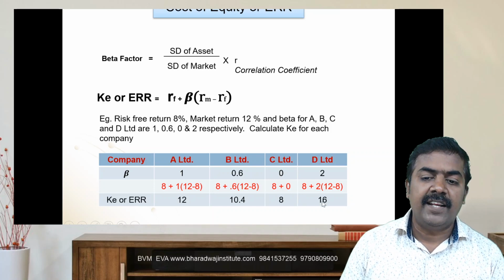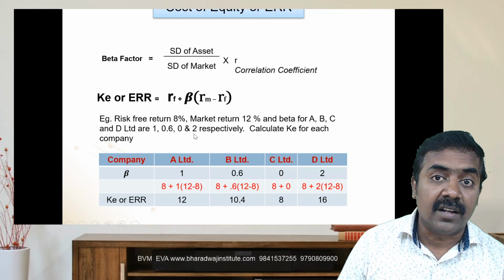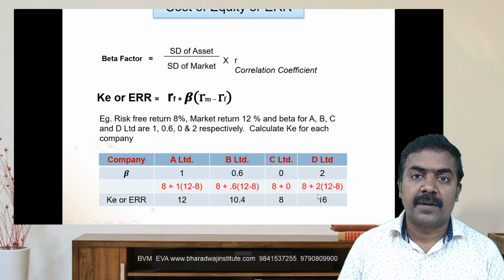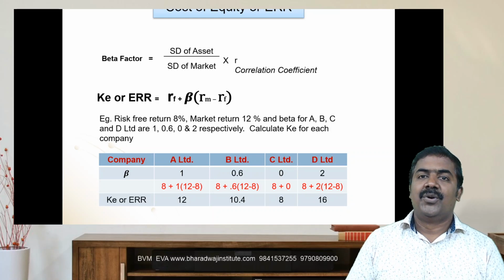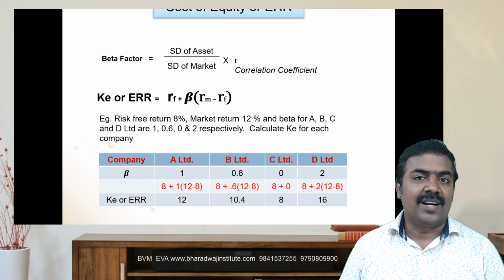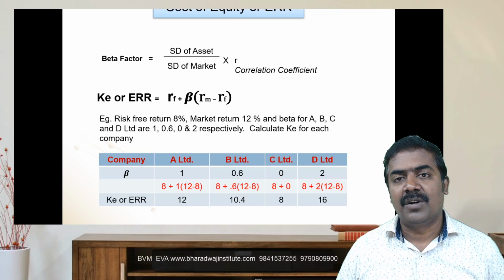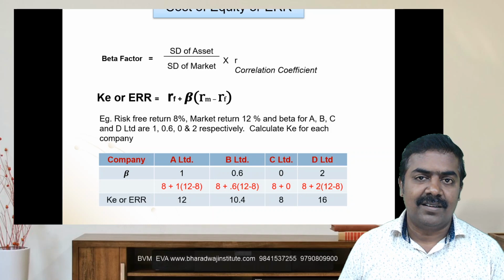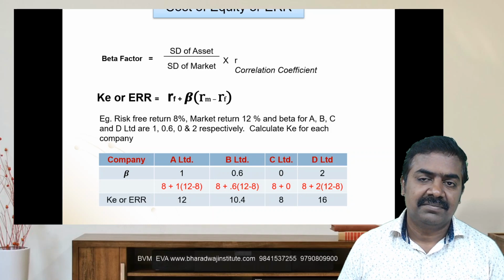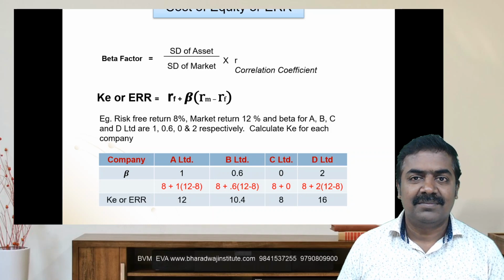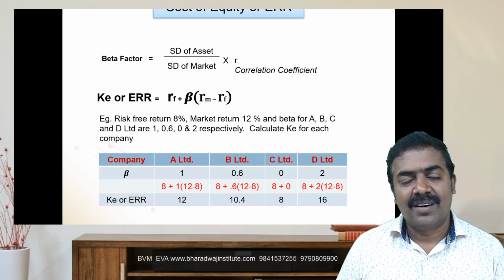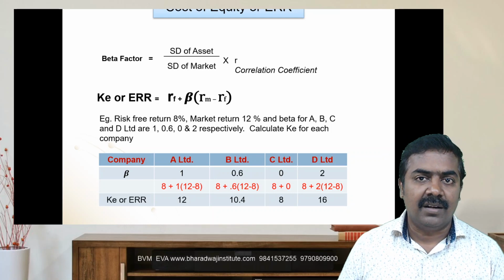Right? For D Limited, high volatility, high risk, so 16% is the expectation. So when volatility is equal to the market, return is equal to market return. Less than the market volatility, lesser return. No volatility, it's not no return, it's the risk-free return. For D Limited, high volatility, high risk, high returns.